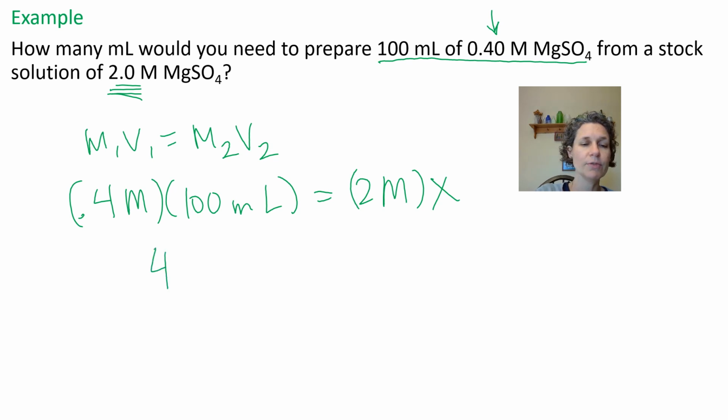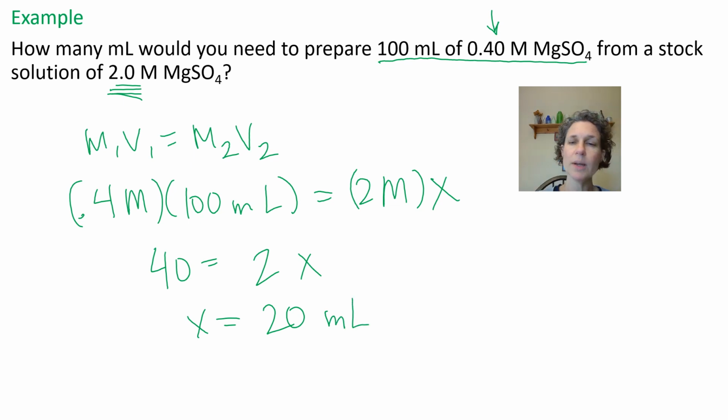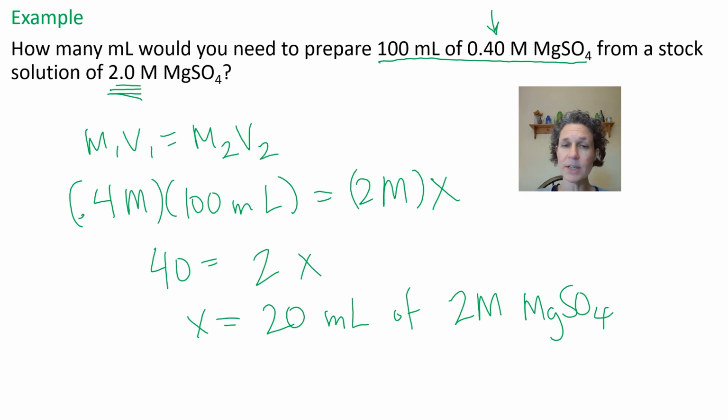So I have 40 equals 2x, which means x equals 20. So what this is telling me is I'm going to need 20 milliliters of that 2 molar MgSO4. So basically I'm taking a small amount of concentrate and I'm diluting it.